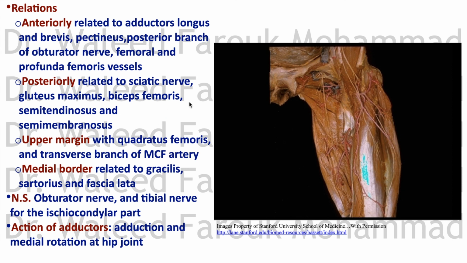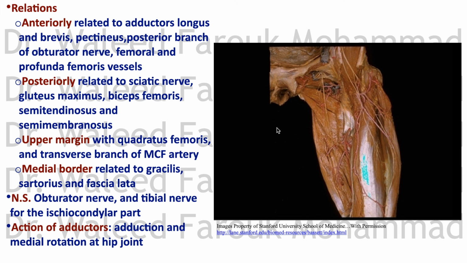The relations of the adductor magnus. Anteriorly, it's related to the adductor longus. The muscles here are dissected. Adductor longus and brevis, pectineus, the posterior branch of the obturator nerve, and the femoral and profunda femoris vessels. Posteriorly, it's related to the sciatic nerve, gluteus maximus, the biceps femoris muscle, and the semitendinosus and semimembranosus muscles.